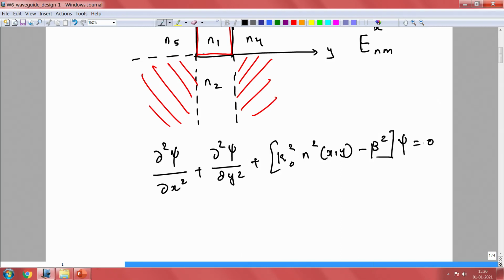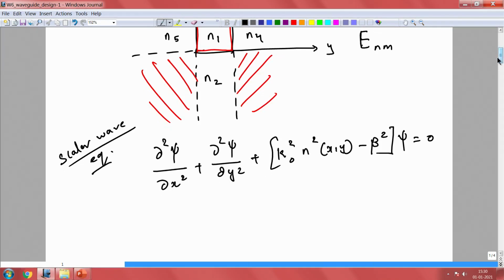So, this is your scalar wave equation, right. We are writing this because it is uncoupled, let us say there is no coupling between x, y and z, and in this case k naught is nothing but the free space wave vector and beta is the propagation constant.